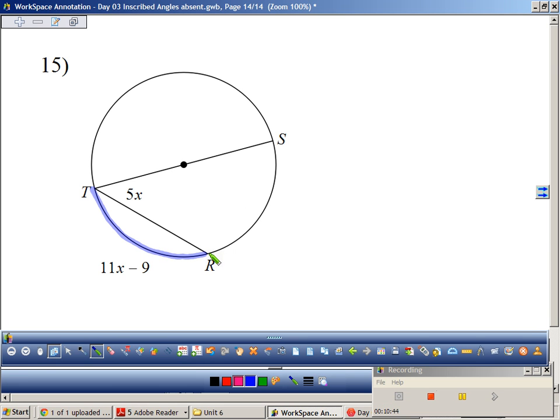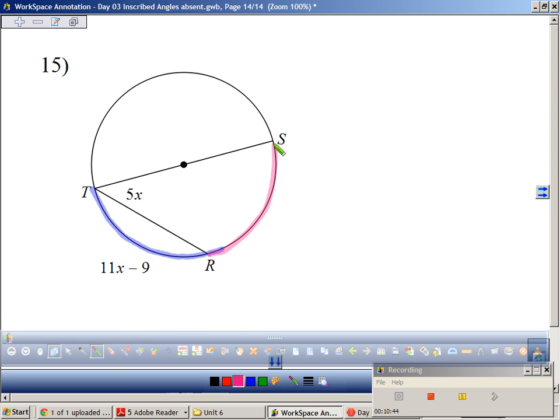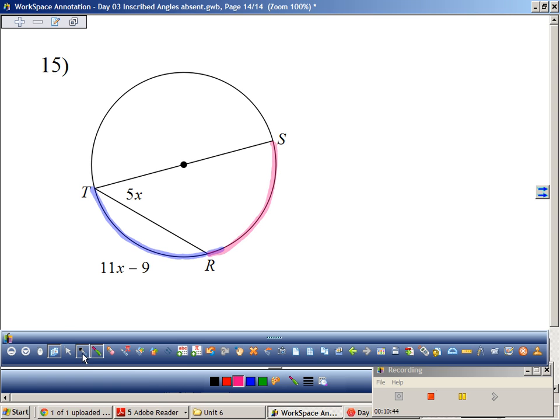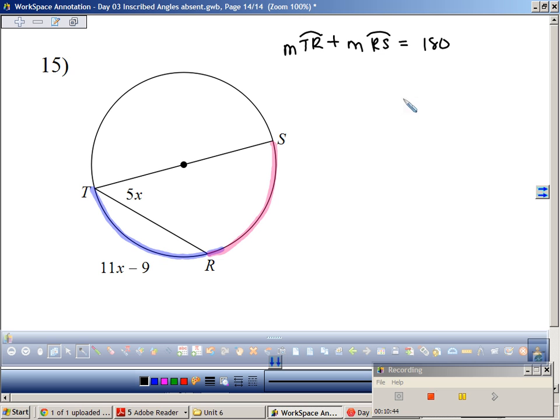I know that from here to here is 180 degrees. So first I'm going to write that. The measure of arc TR plus the measure of arc RS equals 180. I know that the measure of RS is going to be twice as big as the measure of angle RTS.